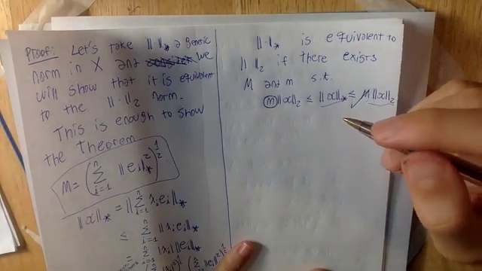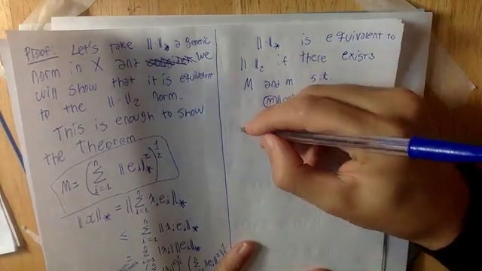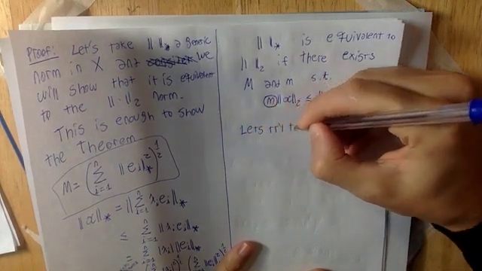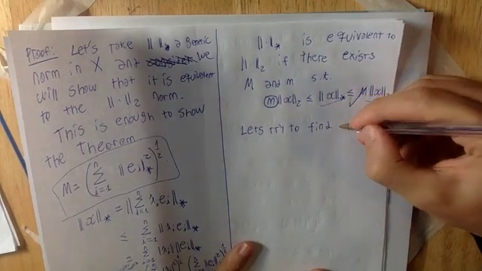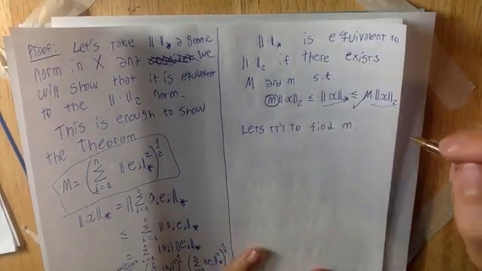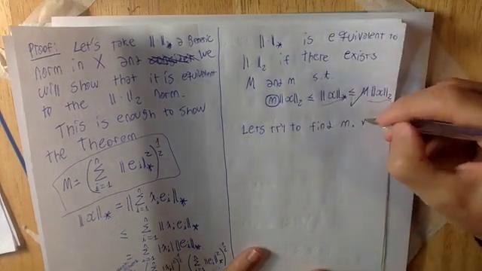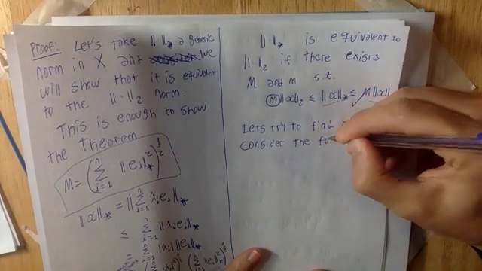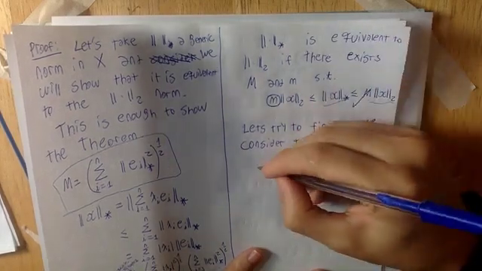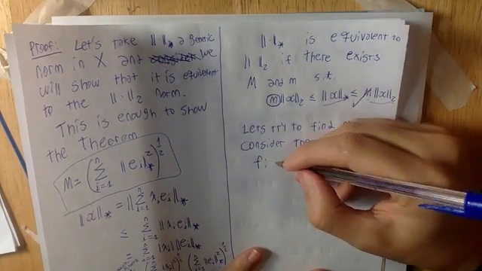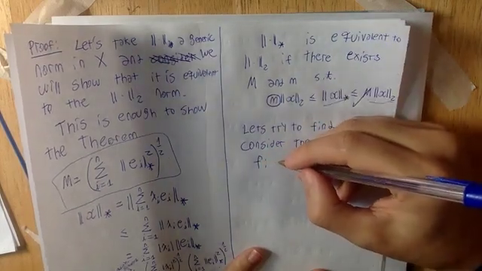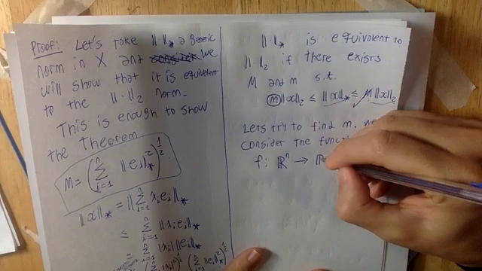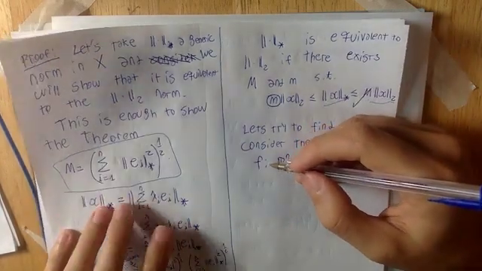Okay, so we are going to consider the function, so now let's try to find little m. We consider the function, let's call it little f, which is going from, in this case, R^n to R, given as a function of the coordinates.